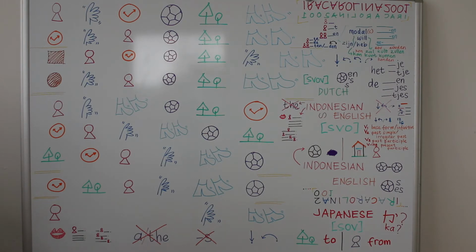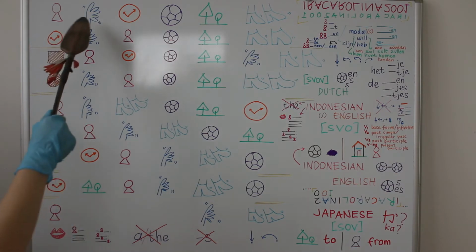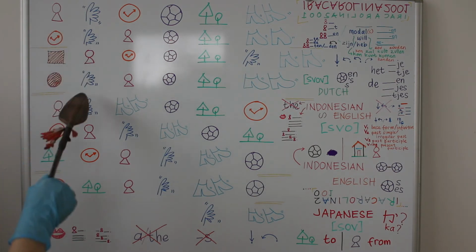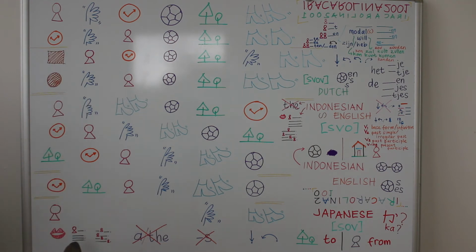In that case, the first verb is going to be here, as the majority of verbs in Dutch sentences is at the second place. And the second verb is going to be at the end of your sentence. That's the academic or formal way to write it and to say it.